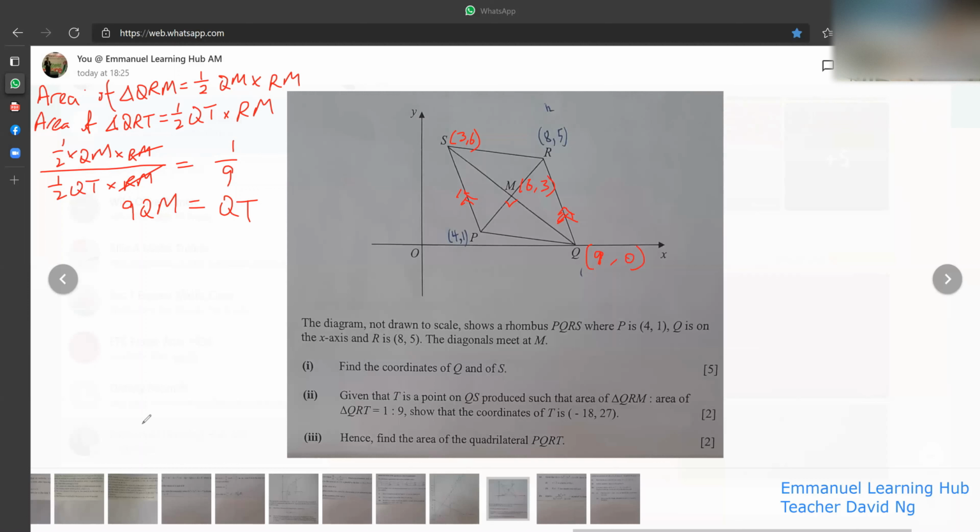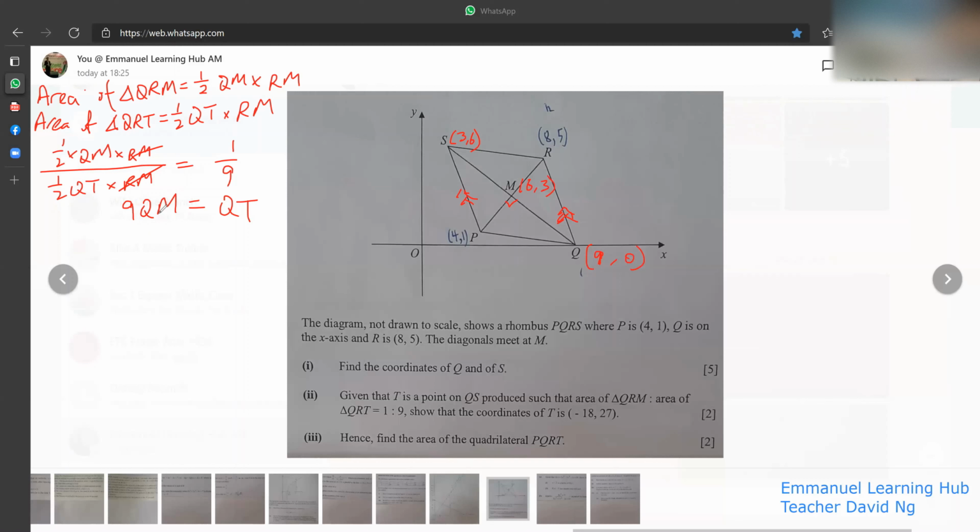So what's the length of QM? Length of QM you can find, given the coordinates. I'll just straight away tell you the length is 3√2.